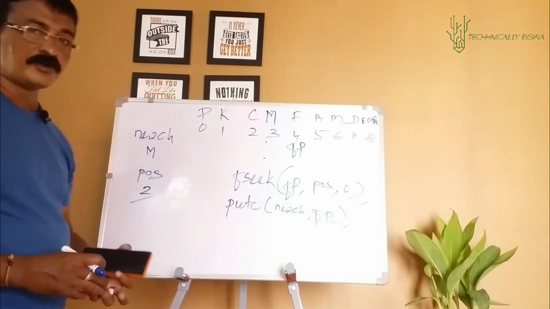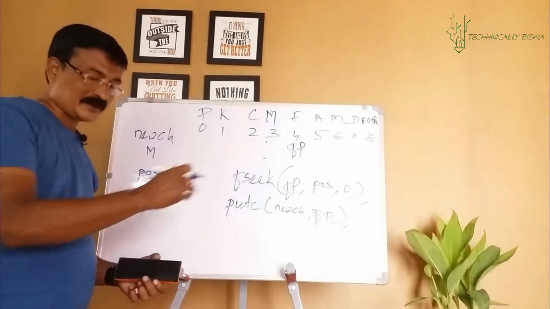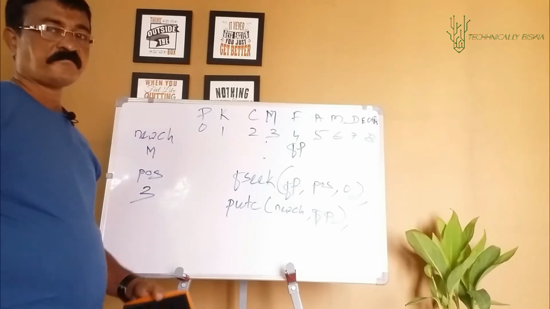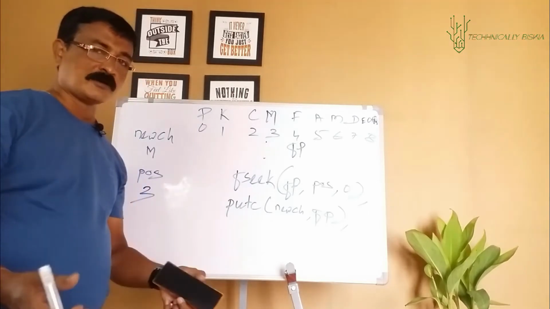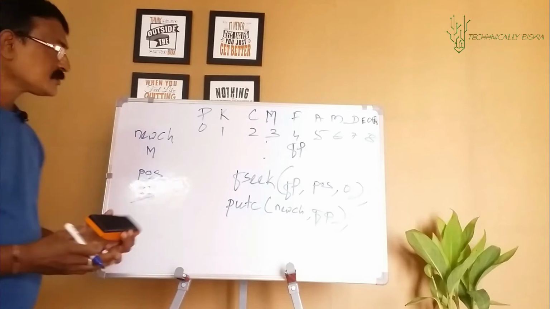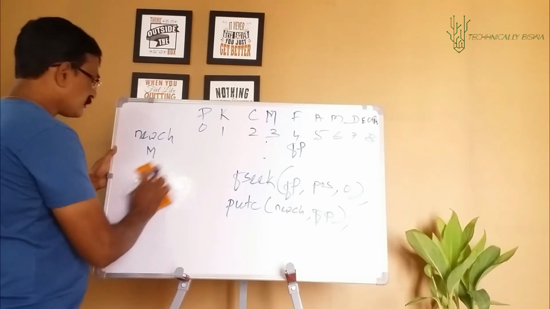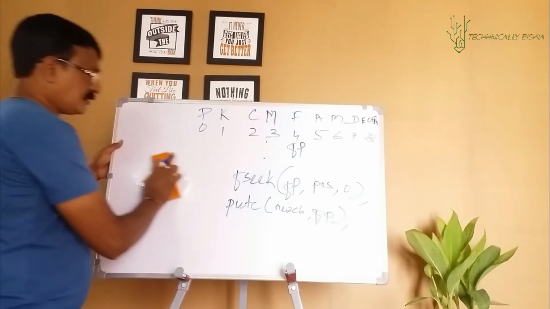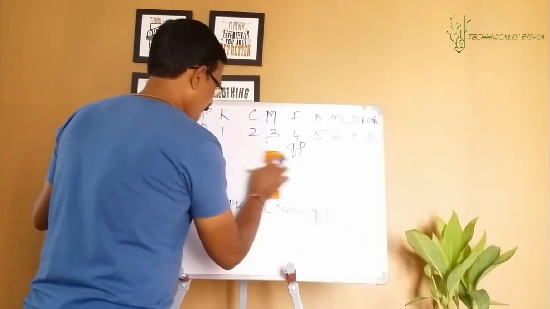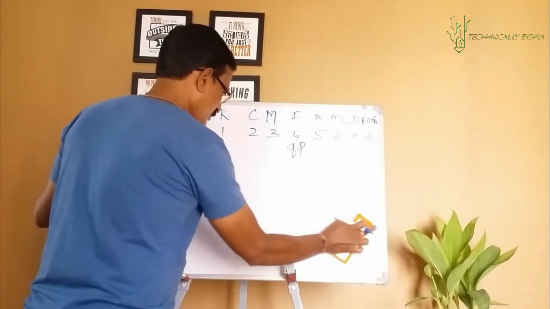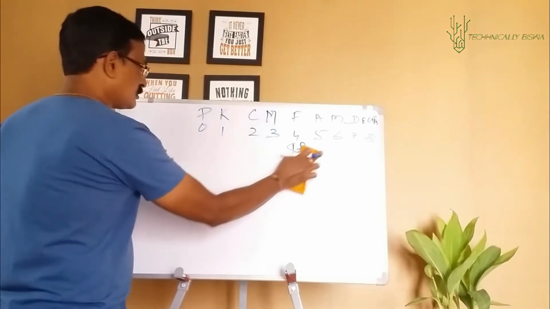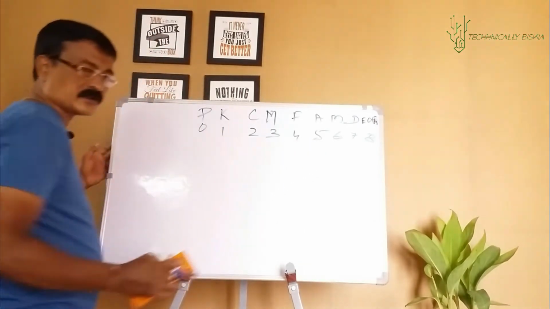Whatever we wanted to do is already done. Got this? Clear? Okay. After that, close the file, come out of the program. So friends, editing a file this way is quite easy. You just look for the position, go over there, and make the changes.